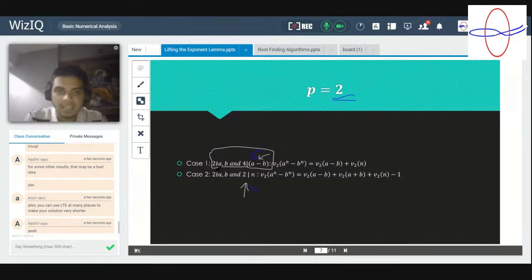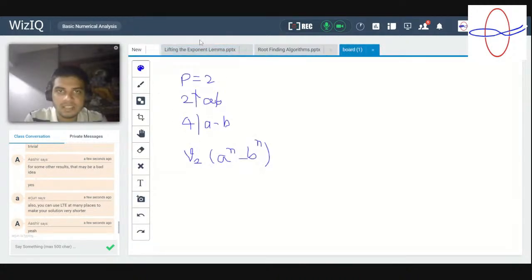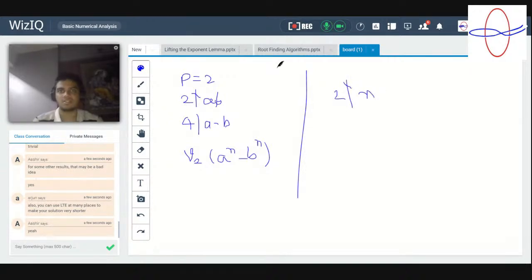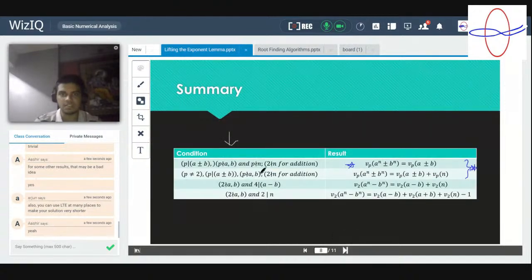So, going back, in this case, what we basically have to do then is, for two, obviously, from our previous topic, we already have proved the case when 2 does not divide n, because that's directly the extreme first case that we took, where it just equals v2 of a minus b.